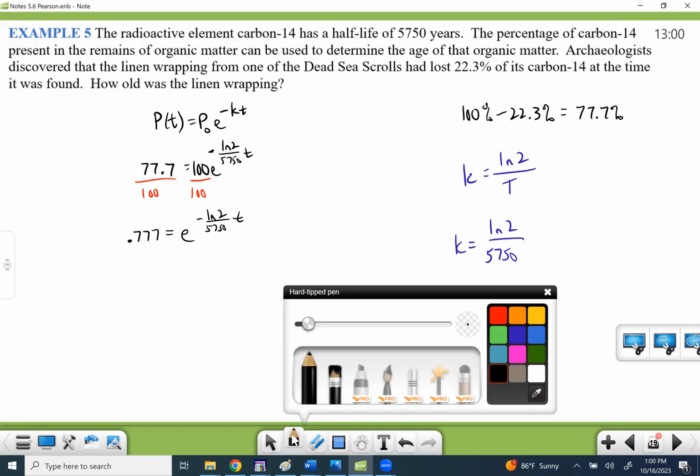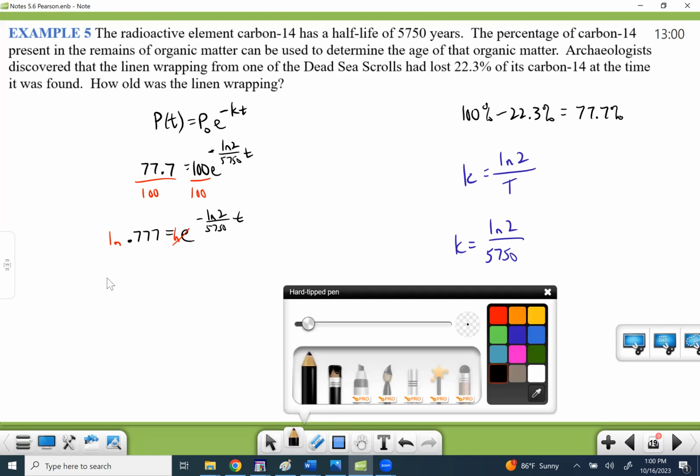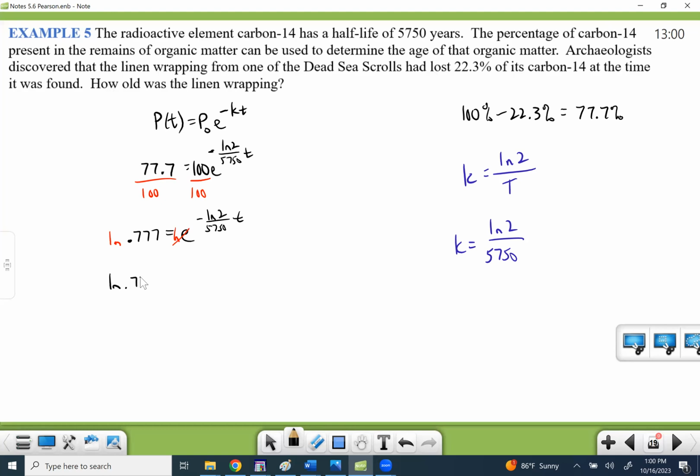And then we're just going to take the natural log of both sides. And then we'll divide by that entire fraction.